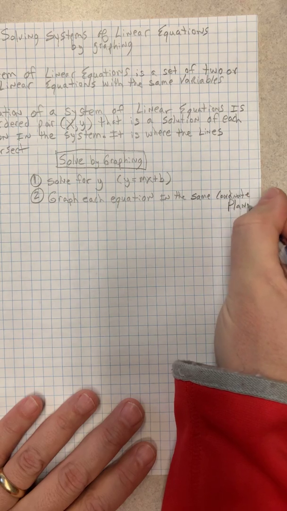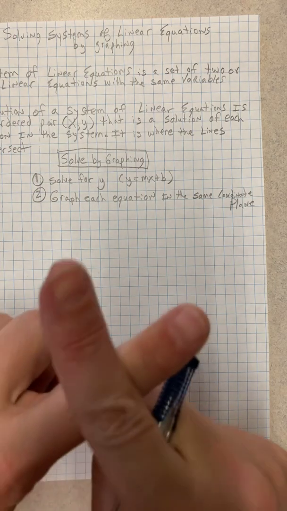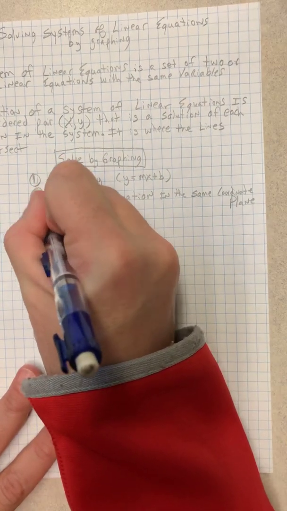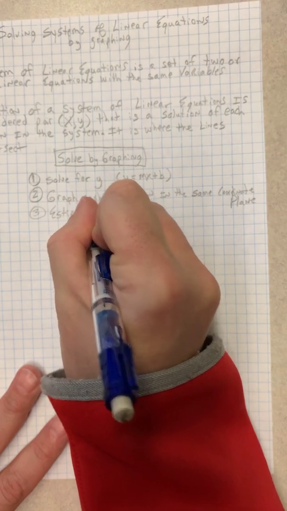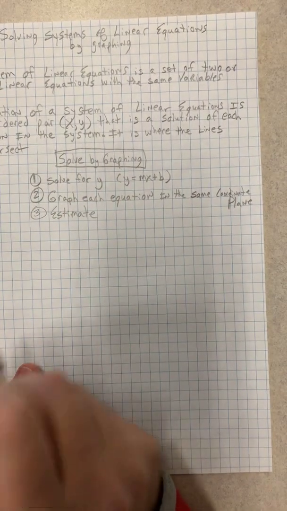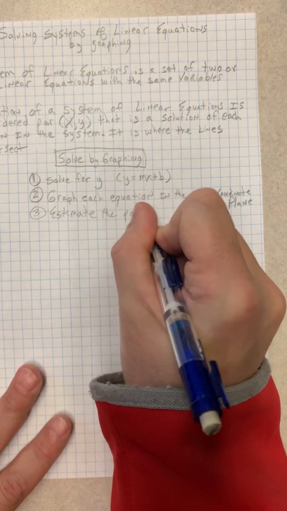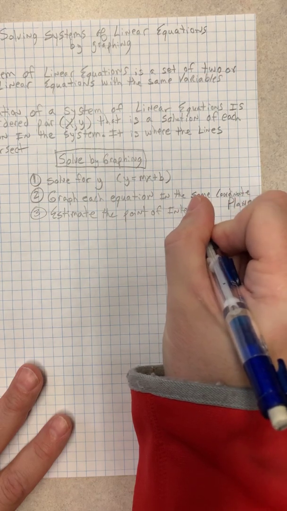They have to be in the same coordinate plane, because otherwise they're not going to intersect. So one coordinate plane, both lines, looking for the intersection, where they cross. Step 3: once you have them graphed, we will estimate, hopefully it's right on the money, the point of intersection. We're going to see where those cross.